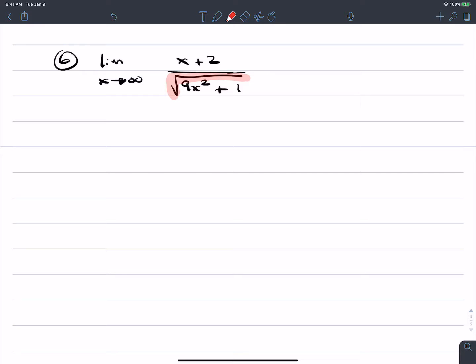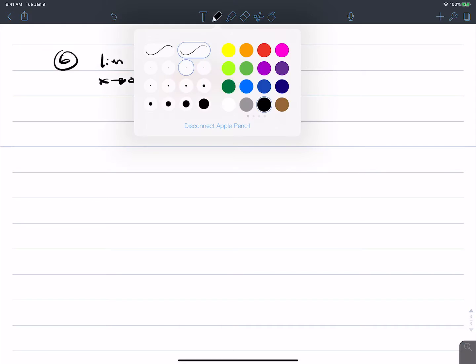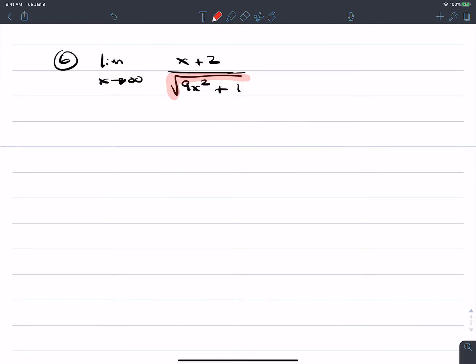So we have to think a little bit on this one, and we're going to still go with the same premise here. I want you guys to understand one thing. The square root of 9, or I should say the square root of even x squared, it doesn't really matter what the number is. You have here the square root of x squared in your denominator.